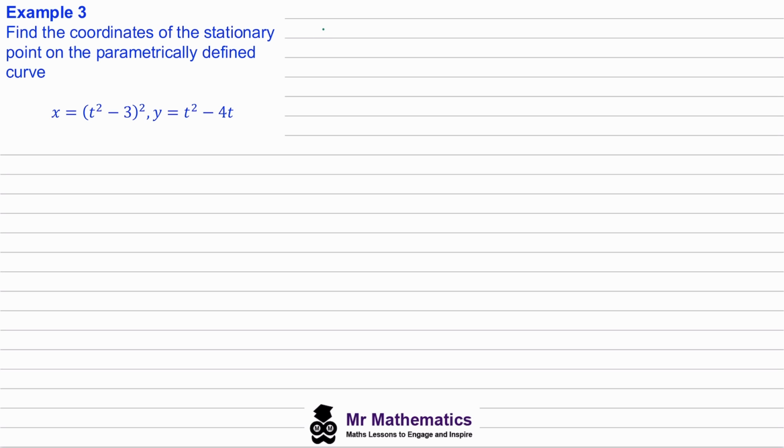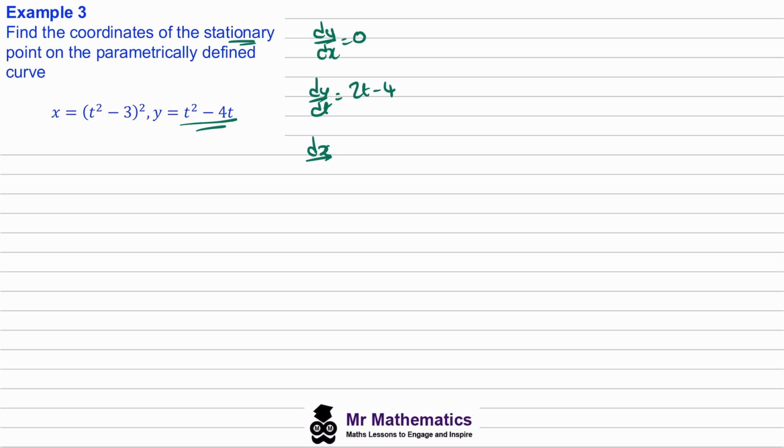Let's go through the question. We know at a stationary point, dy by dx will equal 0. So we need to find the gradient function and then set it equal to 0. So dy by dt will be 2t minus 4.